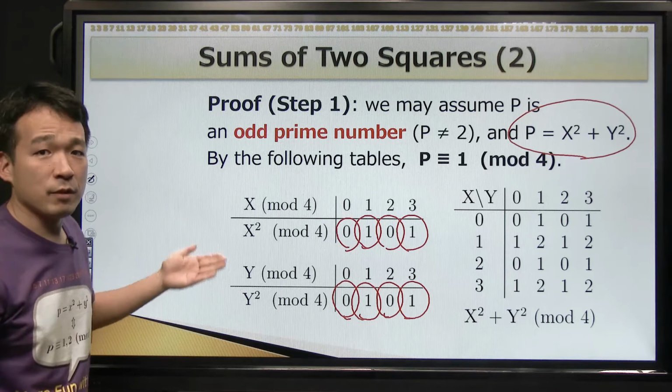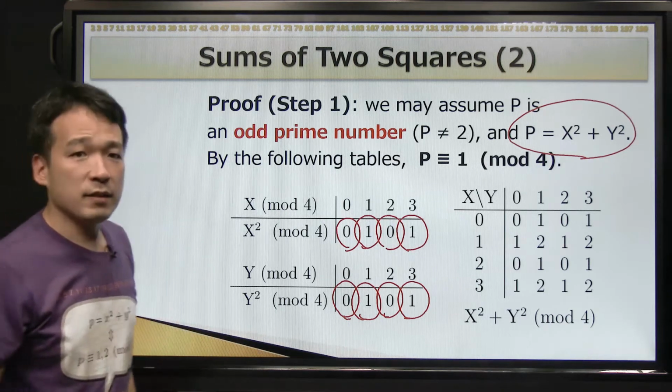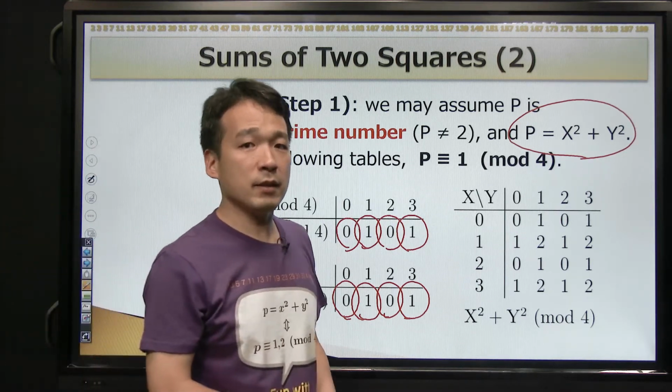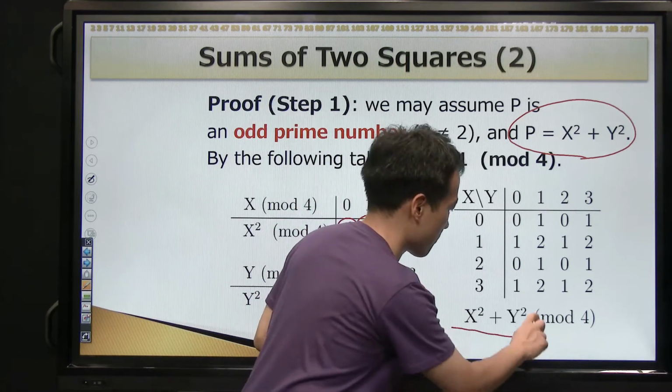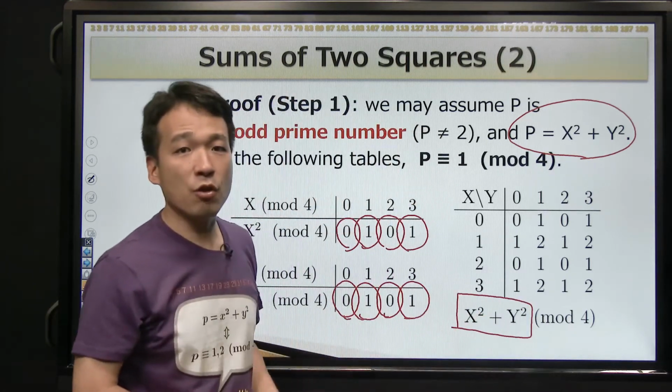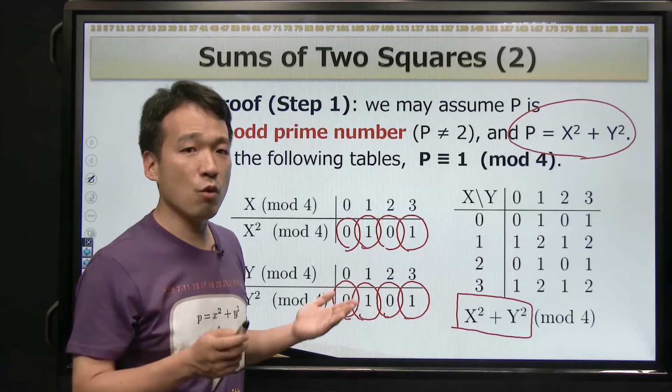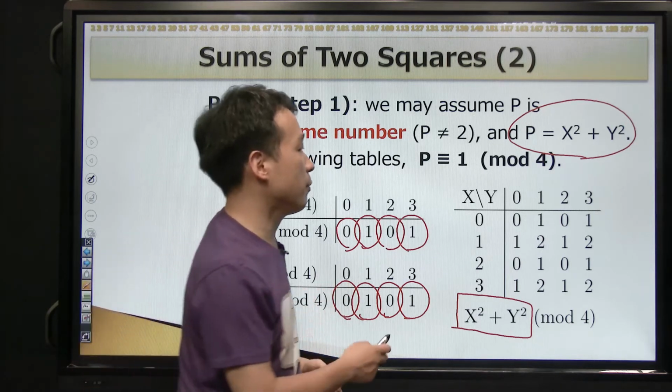Combining these two tables, we see that the square of x plus the square of y is congruent to 0 or 1 or 2 modulo 4.